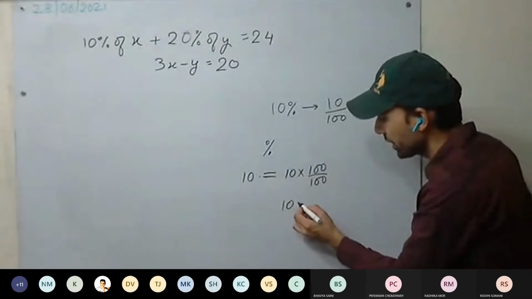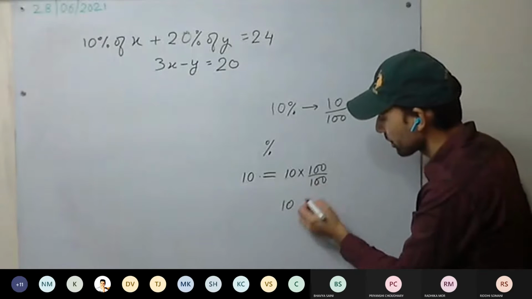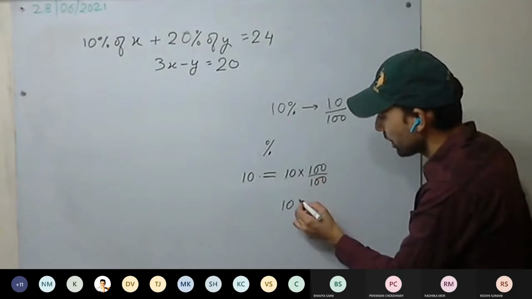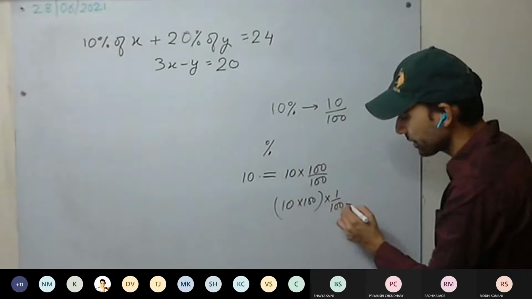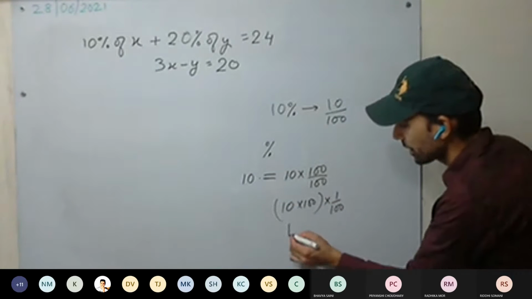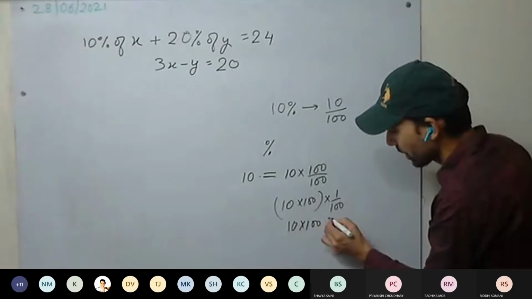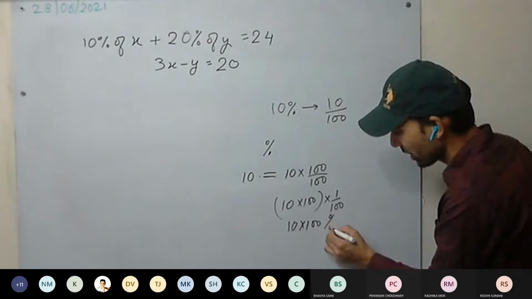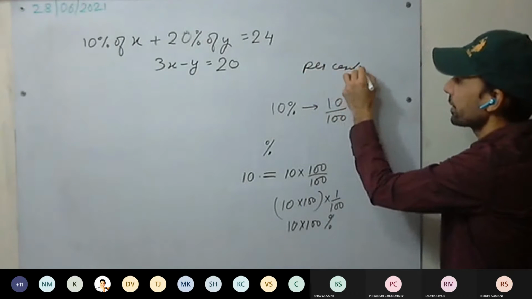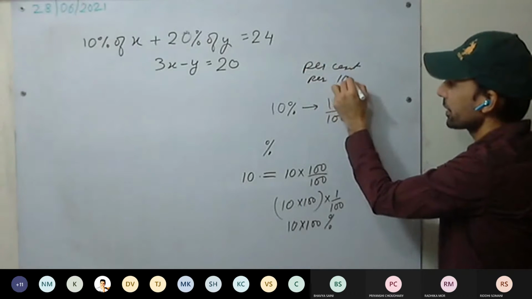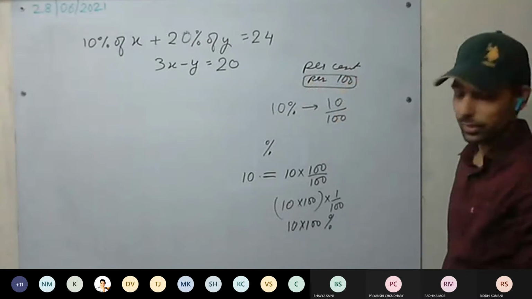And next, what we did? Into 100 and 1 by 100. This way we are writing 10 into 100, and this sign we represent with percent. Percent means per 100. Understood this one?